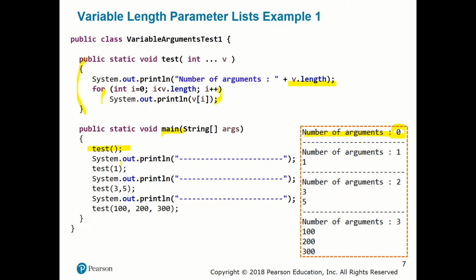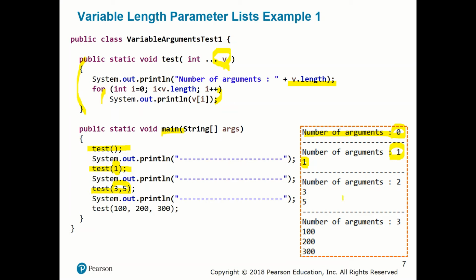Okay, and then test 1 is called, then there is only one value in the array, right? So the number of arguments is 1, and the value in the array is just 1. Okay, so 1 is printed out. And if the test is called like this, test 3, 5, then this time 2 integers will be passed to this v array.